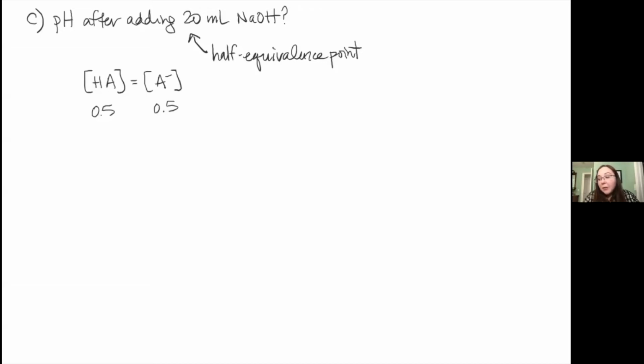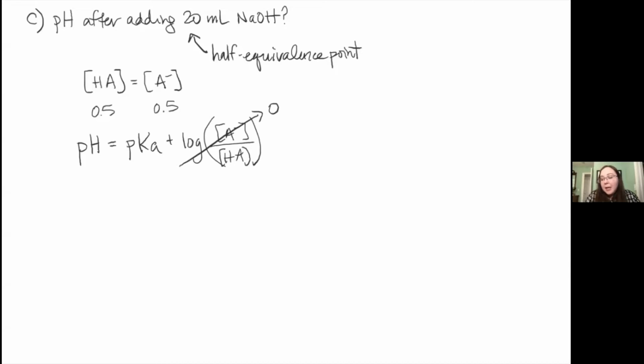So at the half equivalence point, we know that these two are equal. And if that's true, and we use our Henderson-Hasselbalch equation, pH equals pKa plus the log of the conjugate base over the acid, and we know at this point these guys are equal, that's the log of 1, that's 0. So my pH just equals the pKa.